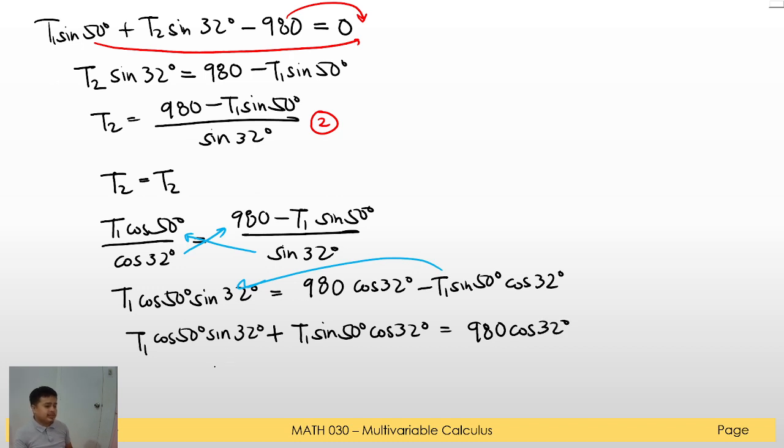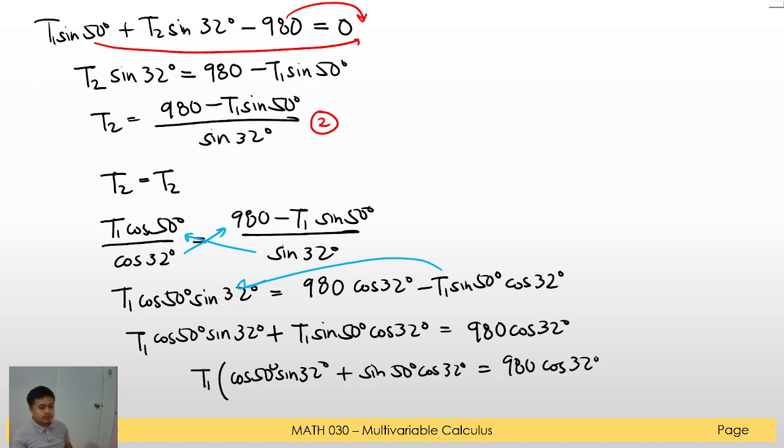Dividing both sides by T1, so factoring T1 first. So cosine 50 sine 32 plus sine 50 cosine 32 is equal to 980 cosine 32.